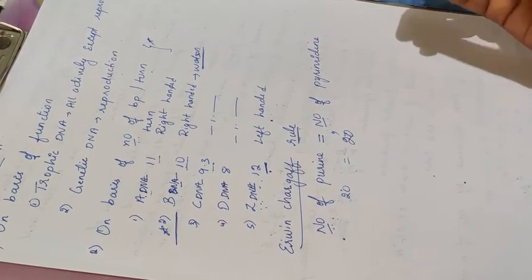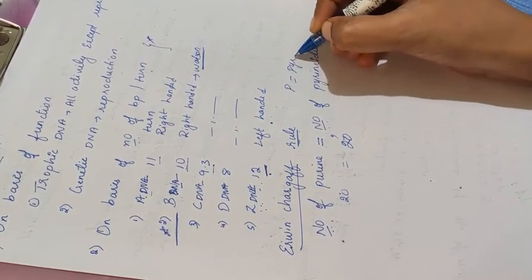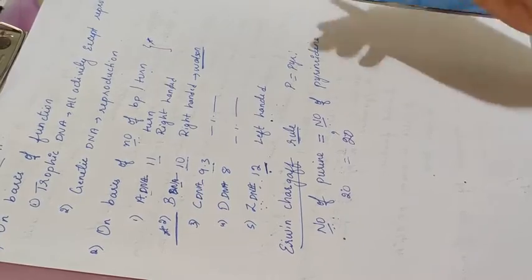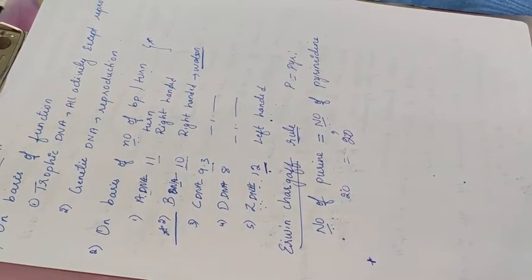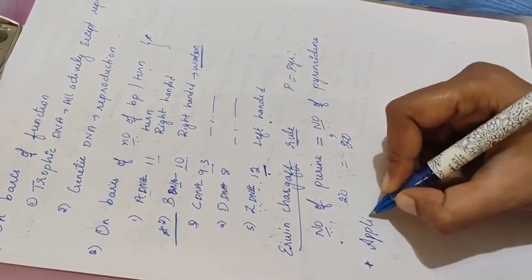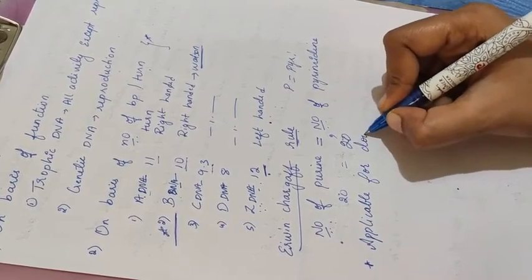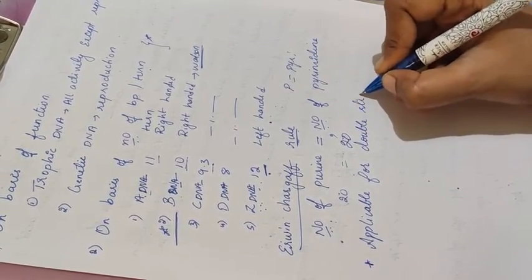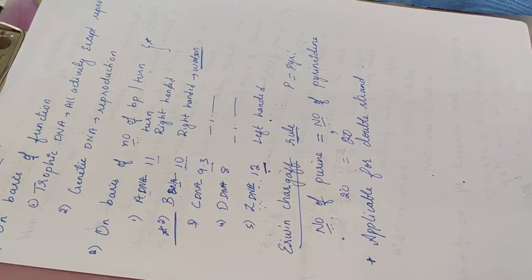Very simple, because we know that purine always pairs with pyrimidine. Clear? And remember, this is applicable for double stranded DNA, not for any single stranded DNA.